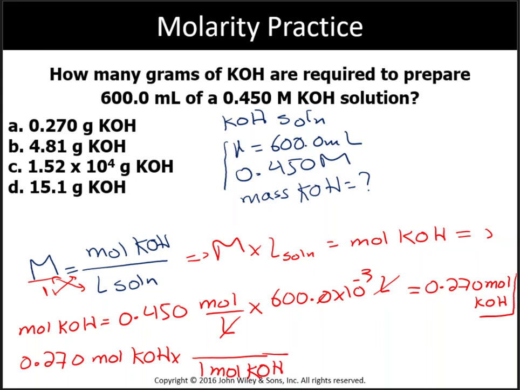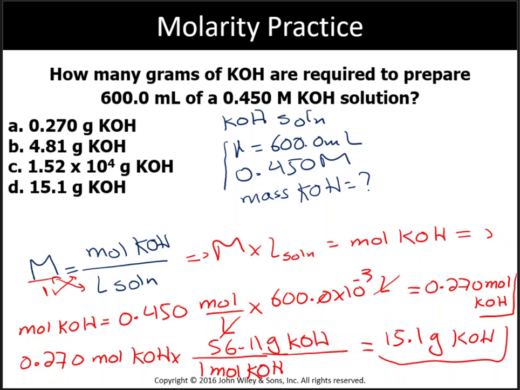So each mole of potassium hydroxide is 56.11 grams of potassium hydroxide. So from here, we have 15.1 grams of potassium hydroxide. So the answer is D.